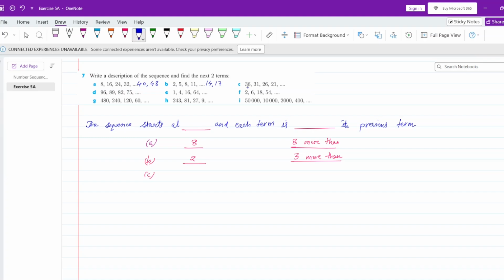Similarly, 36 minus 5 is 31, minus 5 is 26, minus 5 is 21, minus 5 is 16, and minus 5 is 11. So we can say the sequence starts at 36 and each term is 5 less than its previous term.